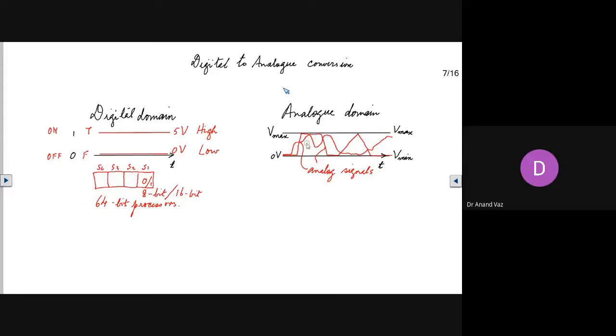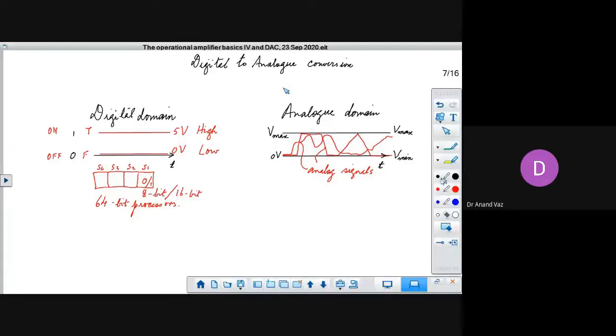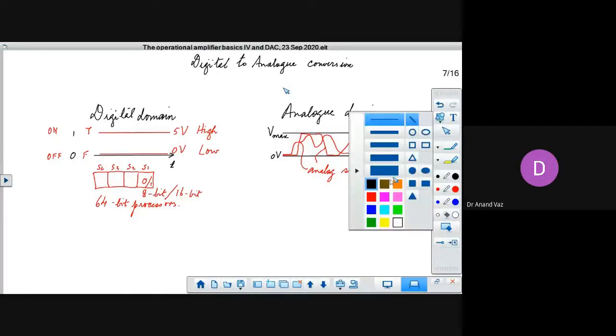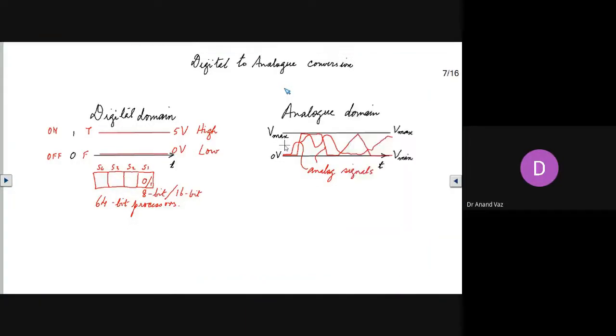So we want a signal somewhere in between, a signal here, okay, corresponding to this, or a signal corresponding to this level.